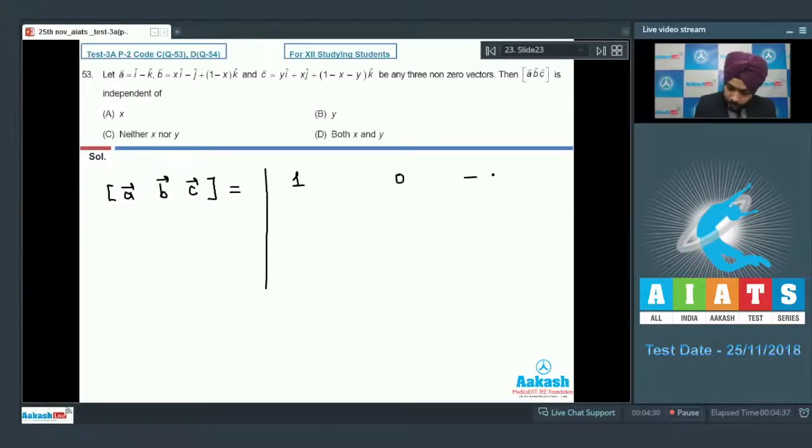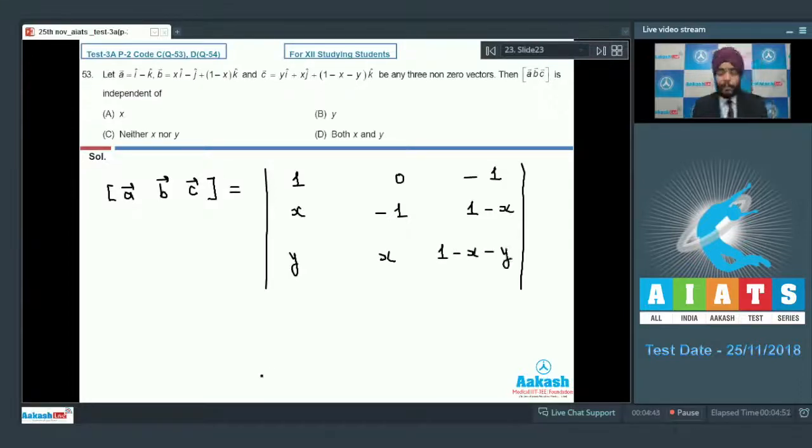Then it is x minus 1 and 1 minus x, and then it is y, x, 1 minus x minus y. Students, if you clearly observe, if I apply the operation C3 goes to C3 plus C2 plus C1, a lot of terms will be cancelled.